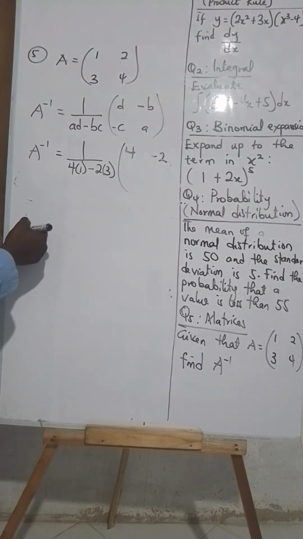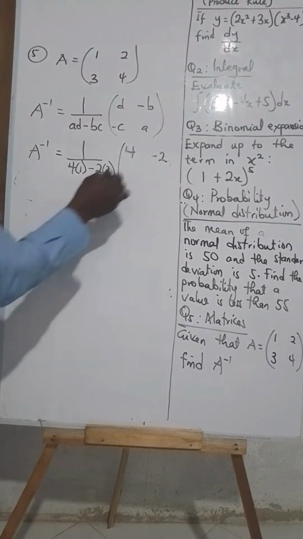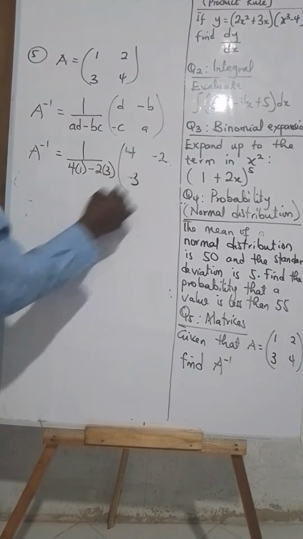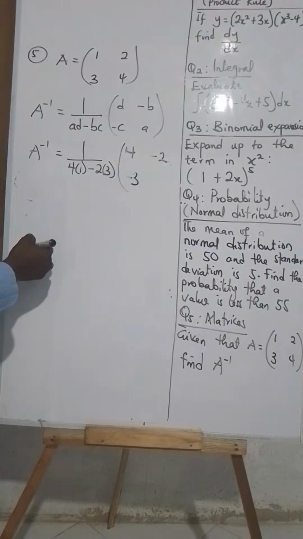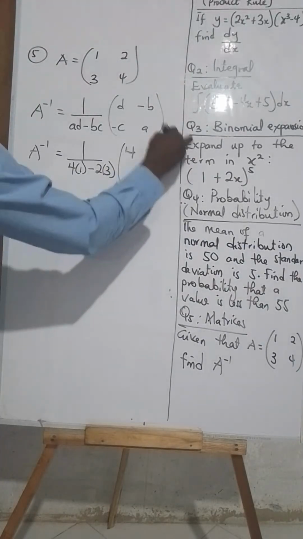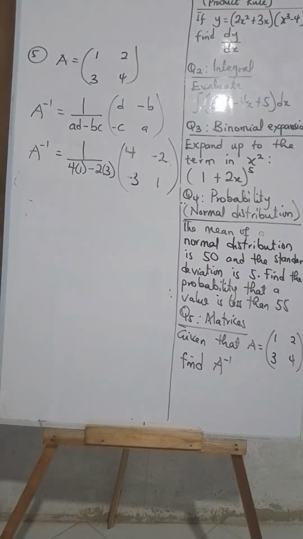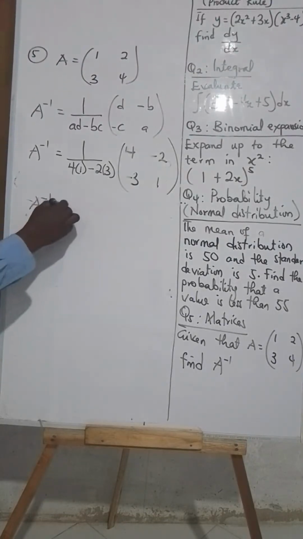And the C we have is minus 3. And the A is 1. Right, the A is 1. So with this, we are having A exponent negative 1.